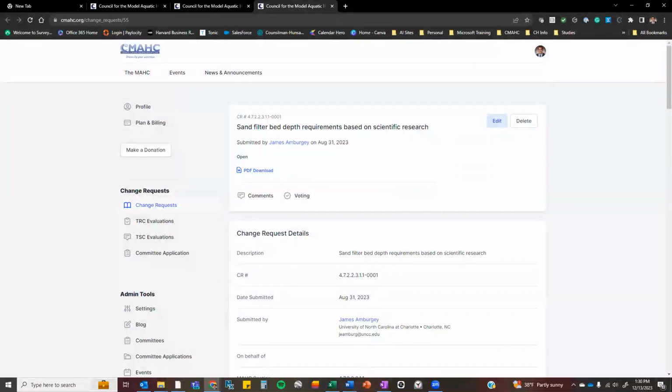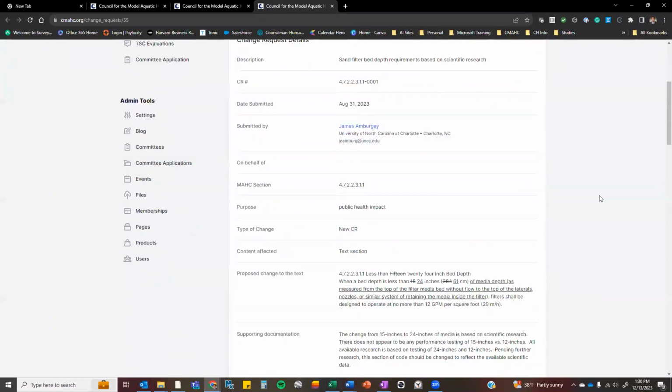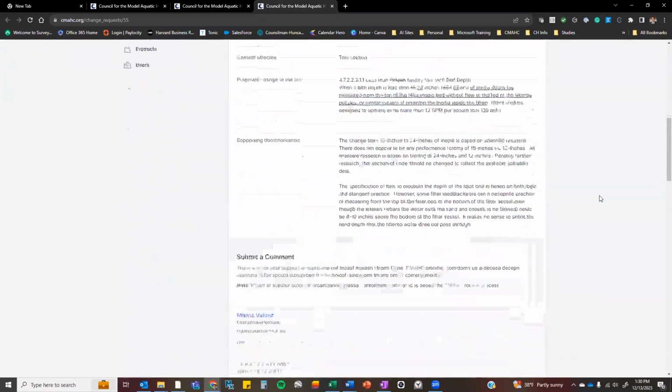All right. Next one is 4722-311. Again, sand filter bed depth. So this goes along with the last one.